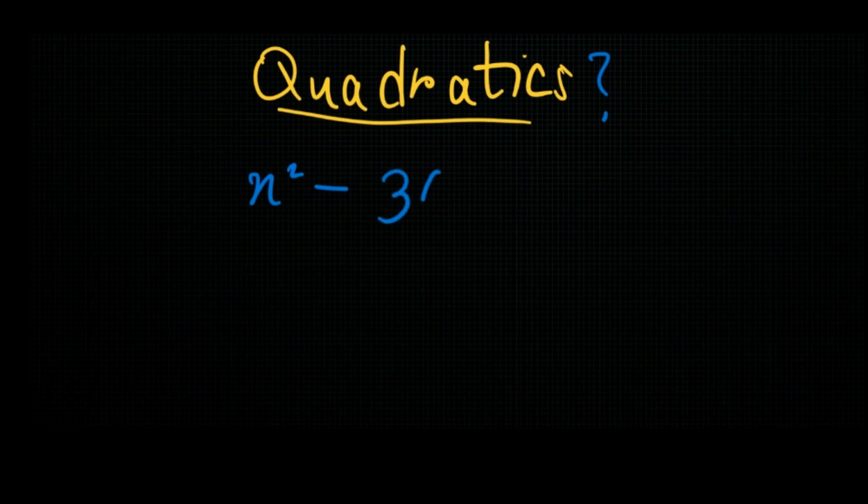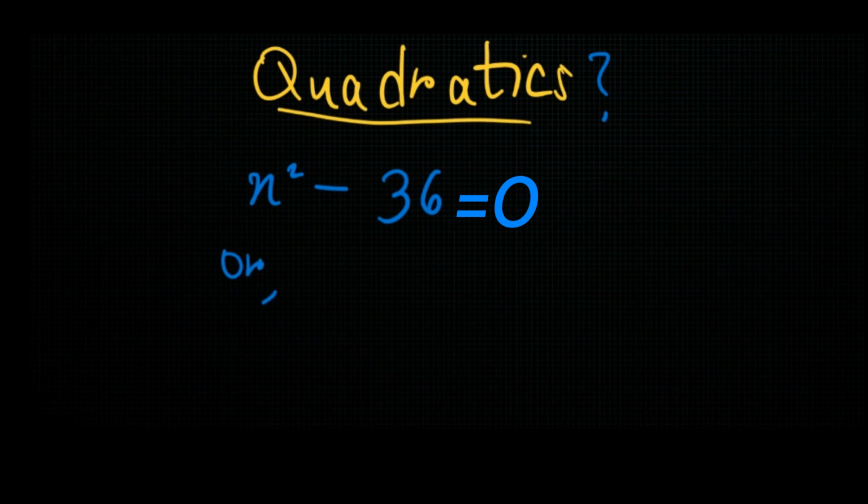So now, how can we solve it? There are numerous ways to solve quadratics, such as the completing the square method, factorization, or the quadratic formula. Today we're going to solve it by factorization.